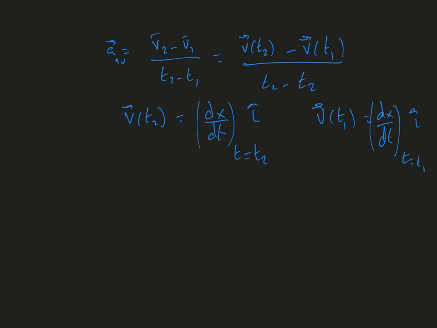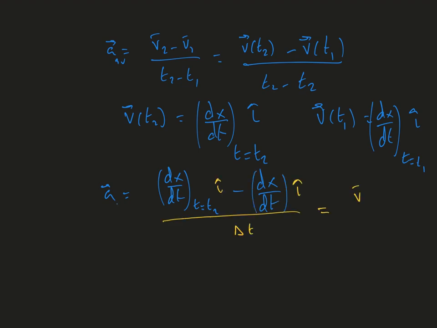And if we are talking about the acceleration, we are talking about the derivative of x with respect to t at time t2 minus the derivative of x with respect to t at time t1, divided by delta t. That is the average acceleration.